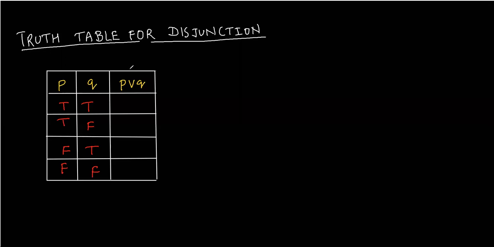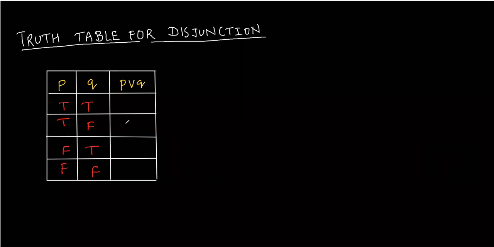Now, what will be the truth value of P or Q? When P is true, Q is true, P or Q will be true. When P is true, Q is false, then also it is true.